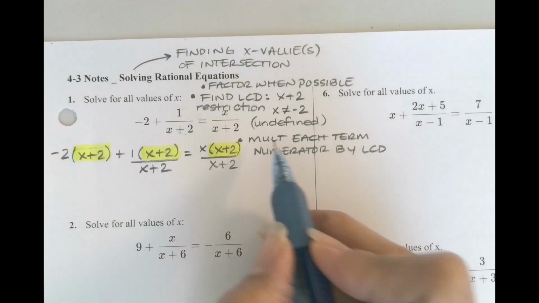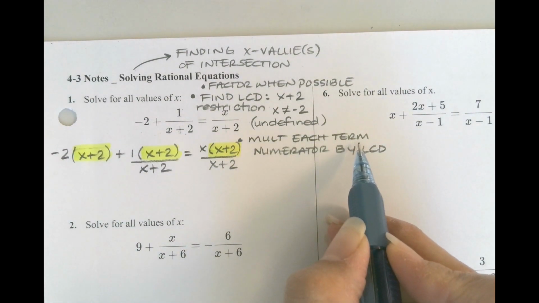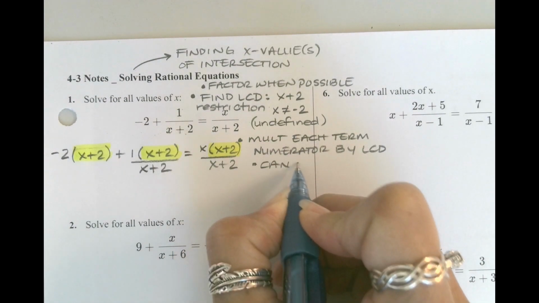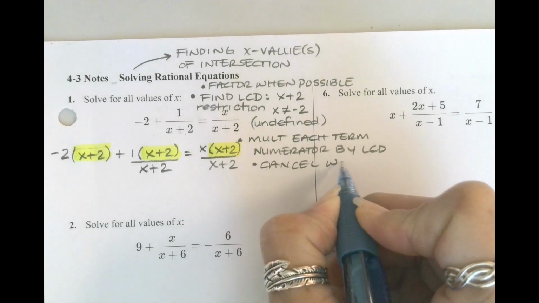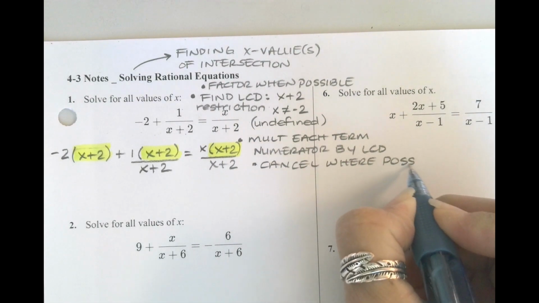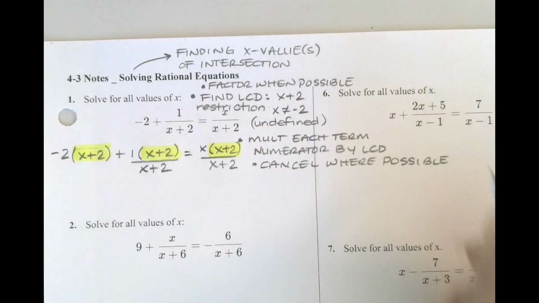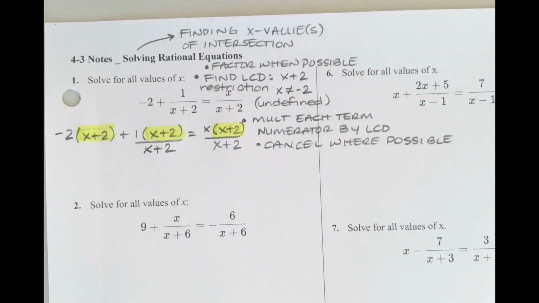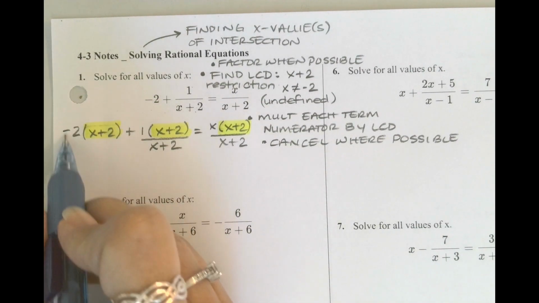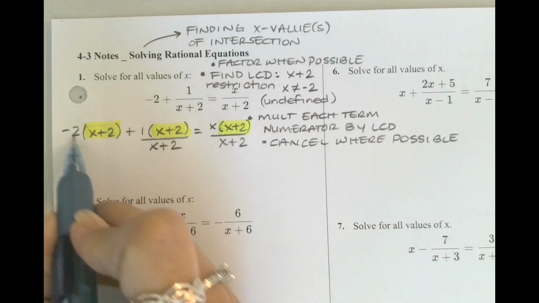Once you have multiplied each of the terms' numerators by your LCD, I want you to cancel where possible. So cross out any common factors that are in the numerator and denominator. In this term, there's no opportunity to cancel.